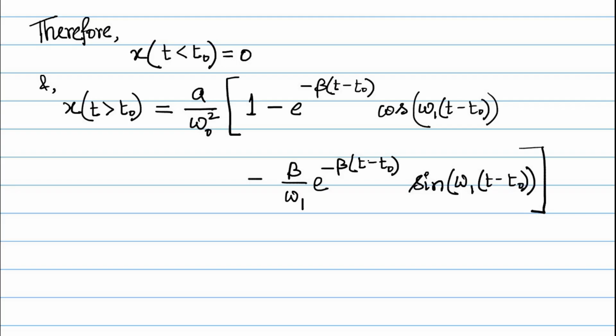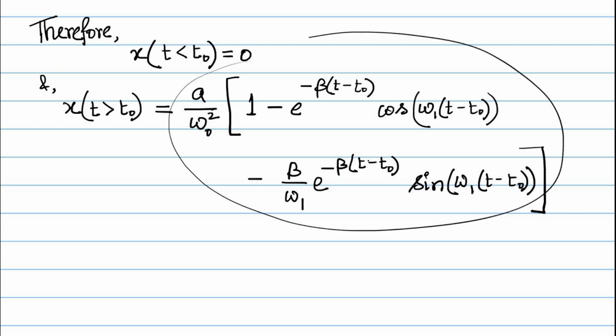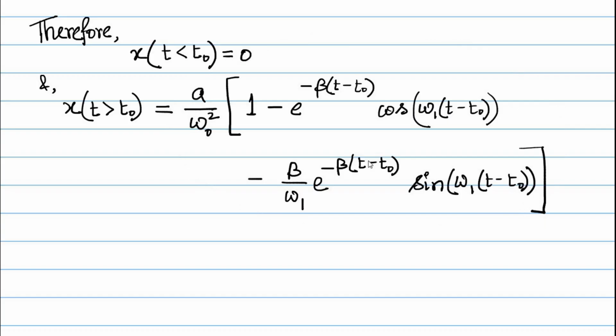You can see there's also a jump in the solution, and that is a direct result of the discontinuity in the equation of motion. Together they can be written in terms of a theta function, which is a step function or Heaviside function. Since the jump occurs at t naught, it's the second expression times the step function. Let me just copy it.